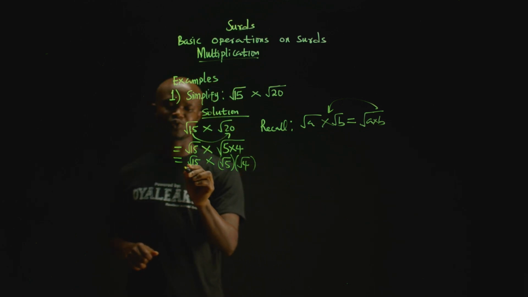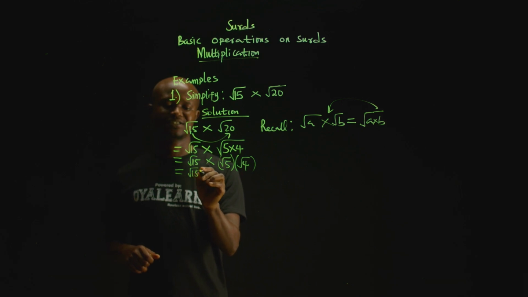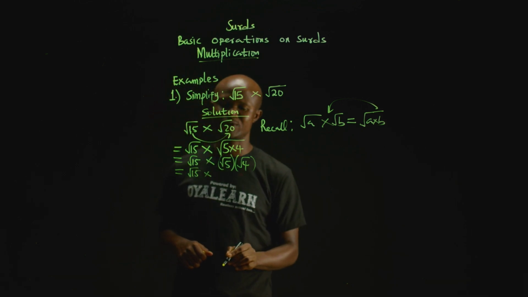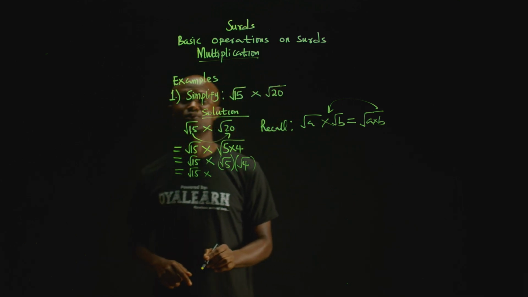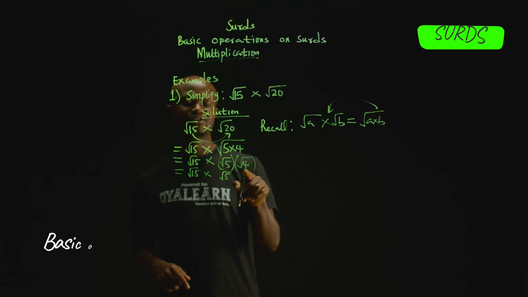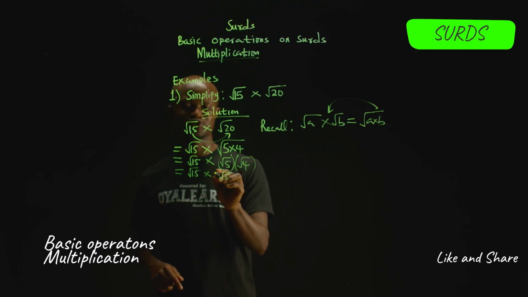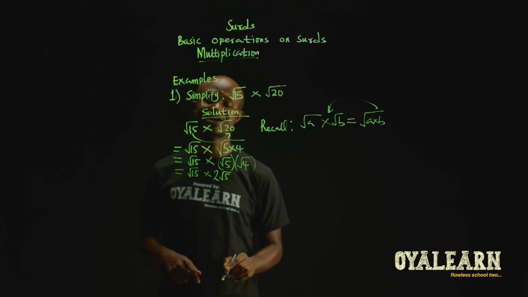And this is the same thing as root 15 multiplied by root 5, and root 4 is 2. So we have this to be 2 root 5 from here.